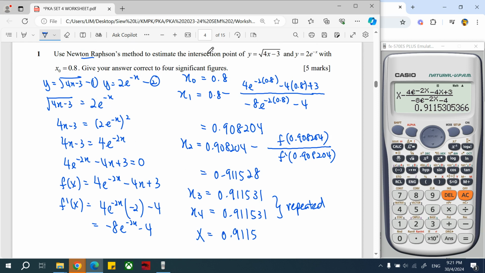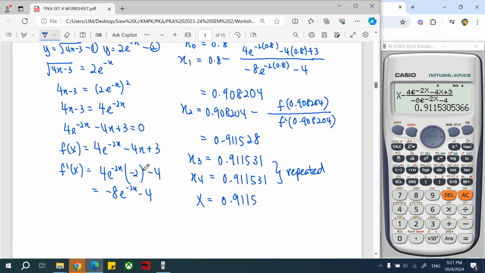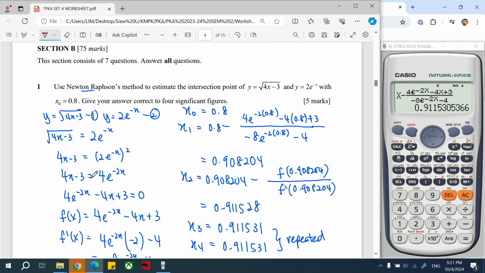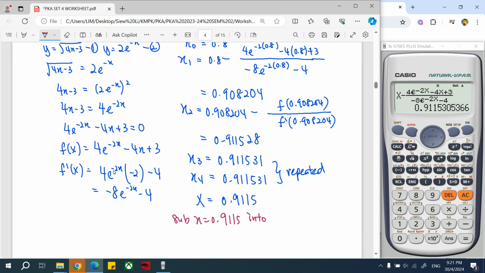Then we need to find the intersection point, which means we need to find our y value. So to get the y value, we are going to substitute x equals 0.9115 into either one of the equations. So let's say we substitute back into equation 1.